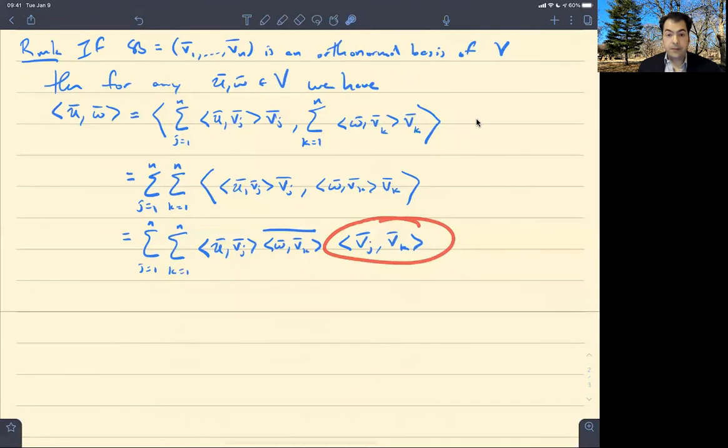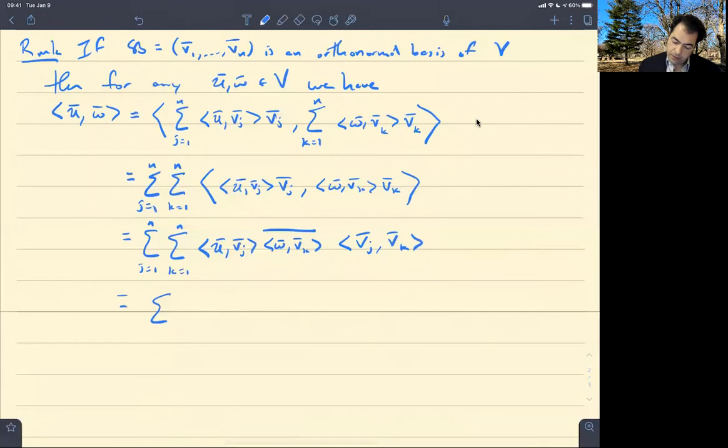Now I stare at this. Remember, this is an orthonormal basis. So the inner product of vj with vk is either 0 or 1. It's going to be 0 unless j is equal to k, in which case it's equal to 1. Right? So that means that in this double sum, really the only terms to survive is when j is equal to k. So I just have a single sum, right?